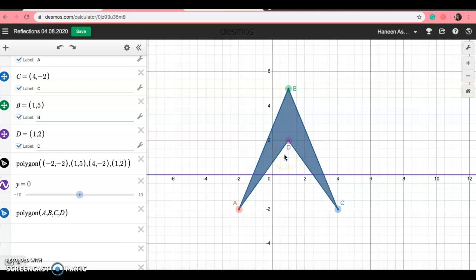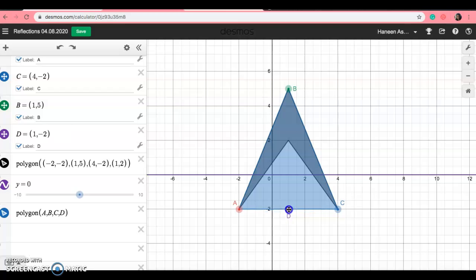All you're going to do is move the points however many steps they need to be away from our line of reflection, which is the x-axis right now. I'm going to start off with D. D is 2 points away from our line of reflection going up, so we're going to bring it down to 2 points away going down.